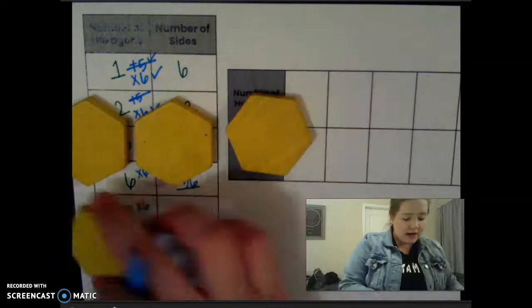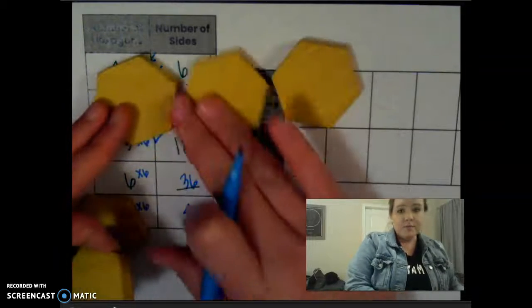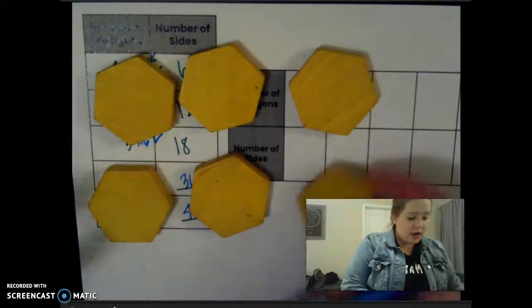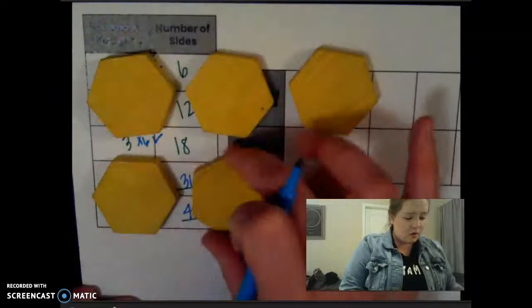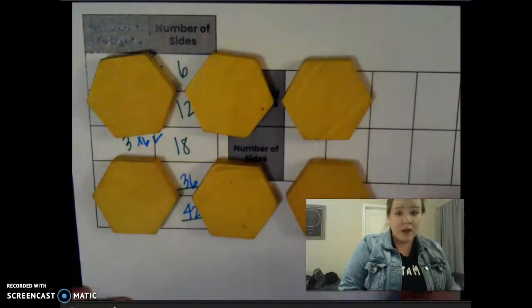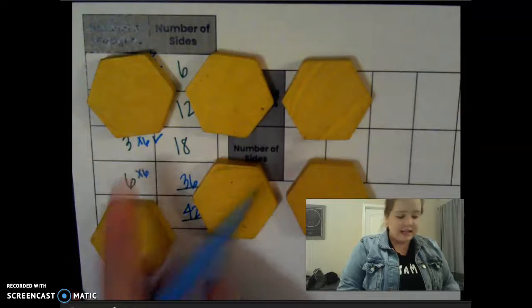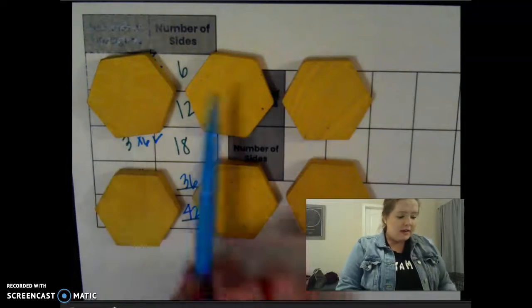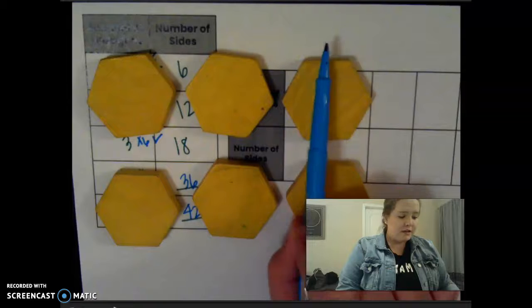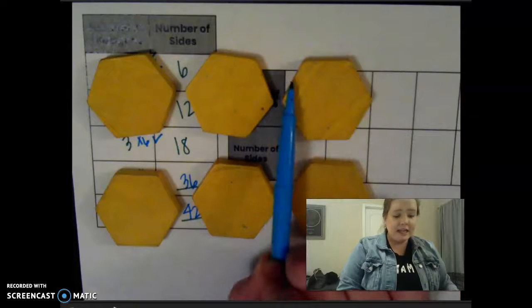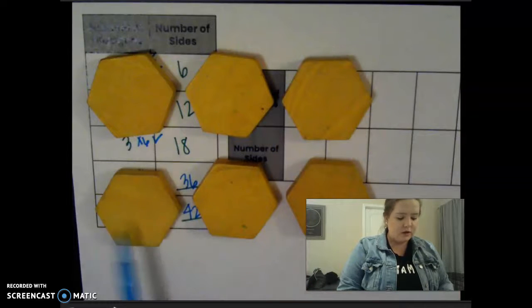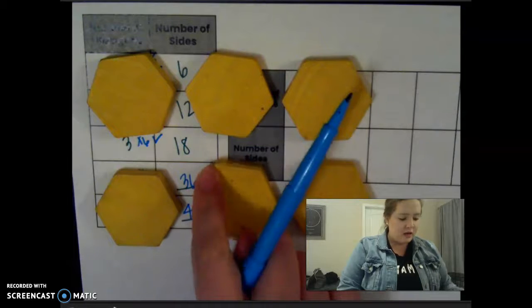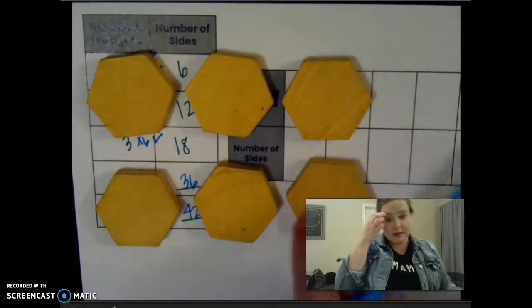Okay, and if you wanted to check it, if you don't have hexagons at home, you could draw your hexagons. Or we'll just count these because I have some. So 6 hexagons. 1, 2, 3, 4, 5, 6, 7, 8, 9, 10, 11, 12, 13, 14, 15, 16, 17, 18, 19, 20, 21, 22, 23, 24, 25, 26, 27, 28, 29, 30, 31, 32, 33, 34, 35, 36.